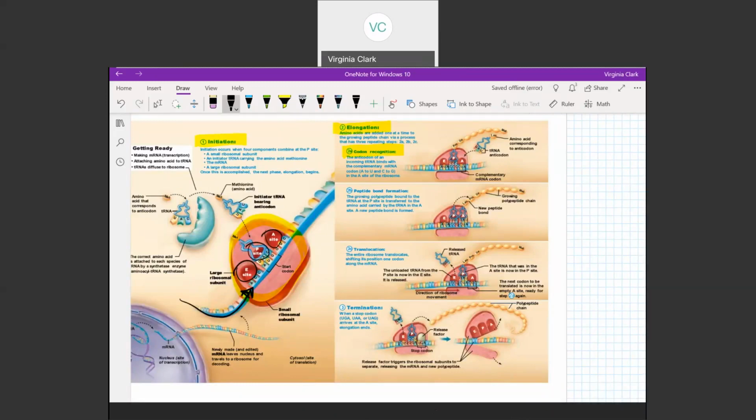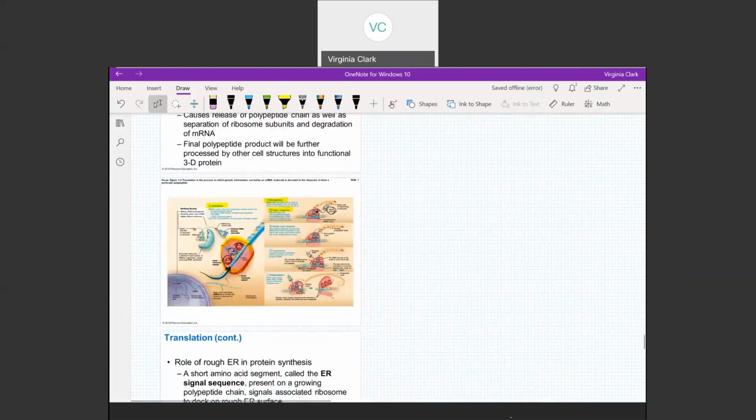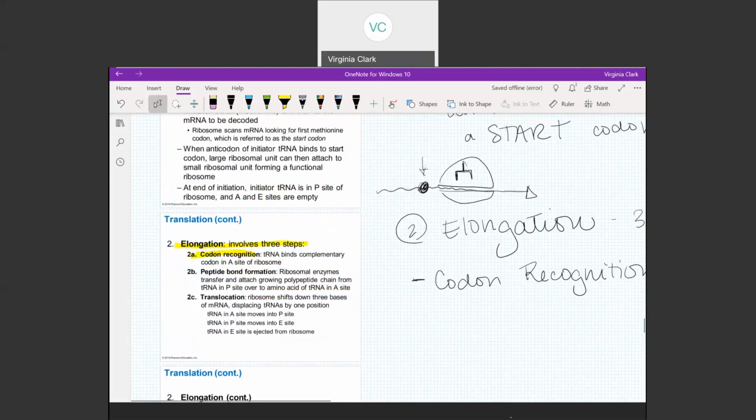The incoming tRNA is binding to the A site. So that's right here, and it goes up here in my little drawing.